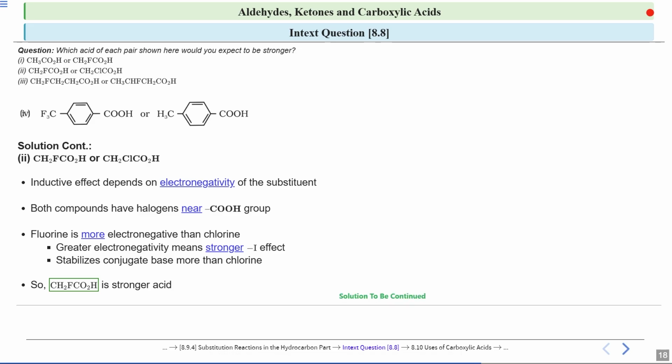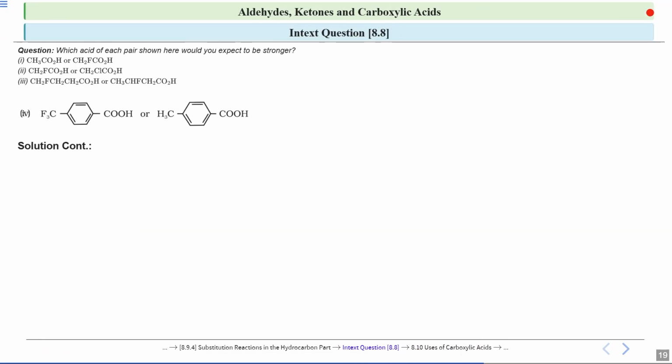Now we will see the third part. In the third part, look at the question carefully. Here we have two acids. In both, the halogen is the same; in both, we have fluorine as the halogen.